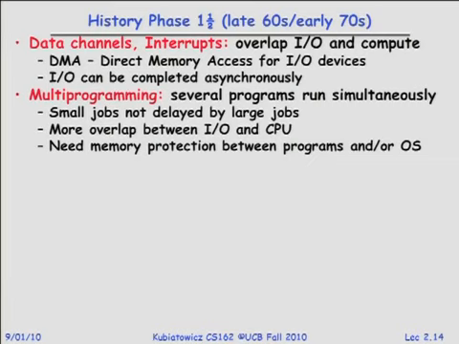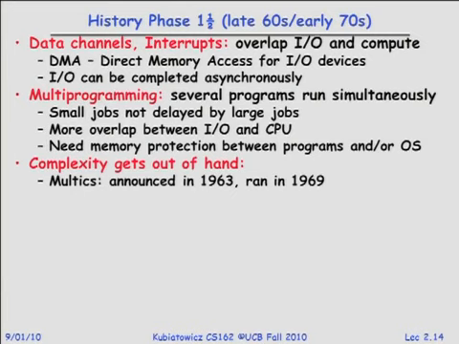Now, complexity, unfortunately, gets out of hand. This is kind of amusing. Operating systems designers were like kids in a candy store with a new toy. It's like, okay, we're going to optimize for everything we can by making the operating system more complicated. The primordial example of this is Multics, a project at MIT, announced in 1963 and running in 1969. So it took them 6 years to go from conception to running.